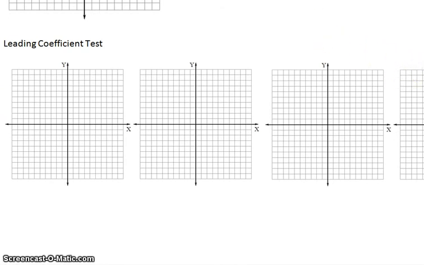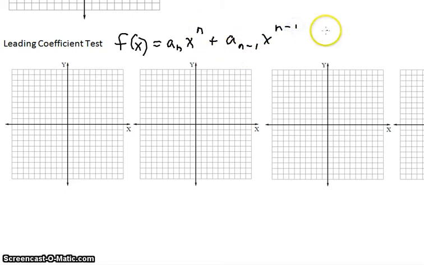Now what I'm going to talk about is how specifically all graphs, at least polynomials, fall into a specific category. All right? Now you have to understand that a polynomial is written like this. Okay? And this is just fancy notation for saying that we have a list of coefficients all the way down to a constant term.